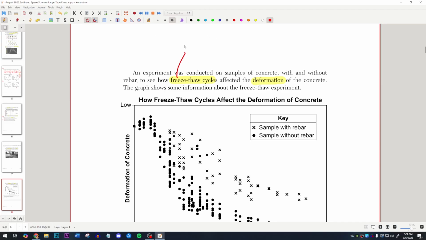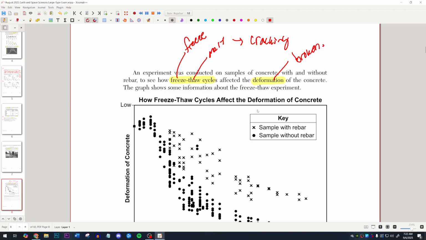It means frozen ground or frozen concrete, and thaw means to melt. So the problem is when you have materials that freeze and melt over and over again, this causes cracking and things like that. It's going to break up the concrete. That's what deformation means. To be deformed means something's being broken.